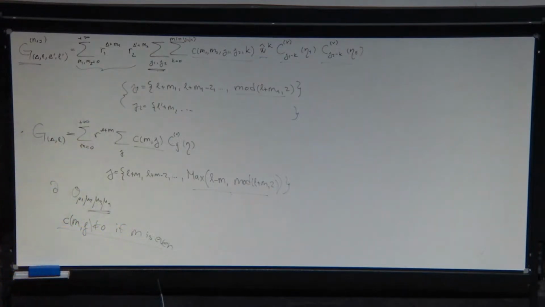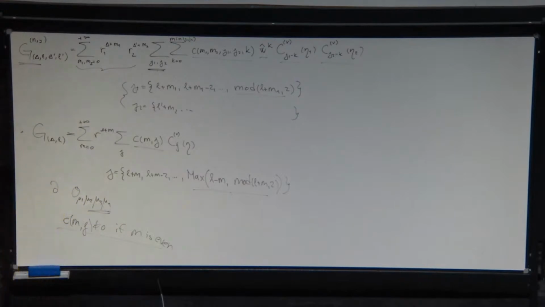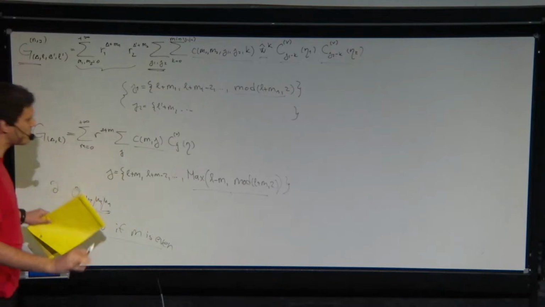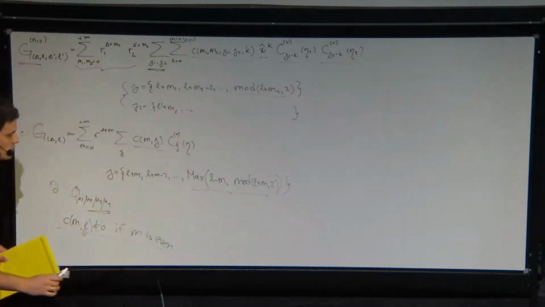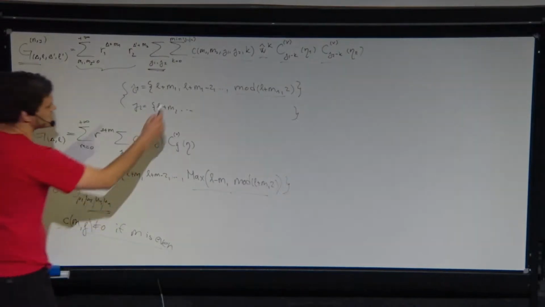Now, as I said, the advantage of this ansatz is that there are only 2 infinite sums instead of 5, and this is the first way to treat all 5-point conformal blocks on the same footing. So now you don't have to run these recursion relations anymore, and you can just analyze this ansatz and then compute the C coefficients.